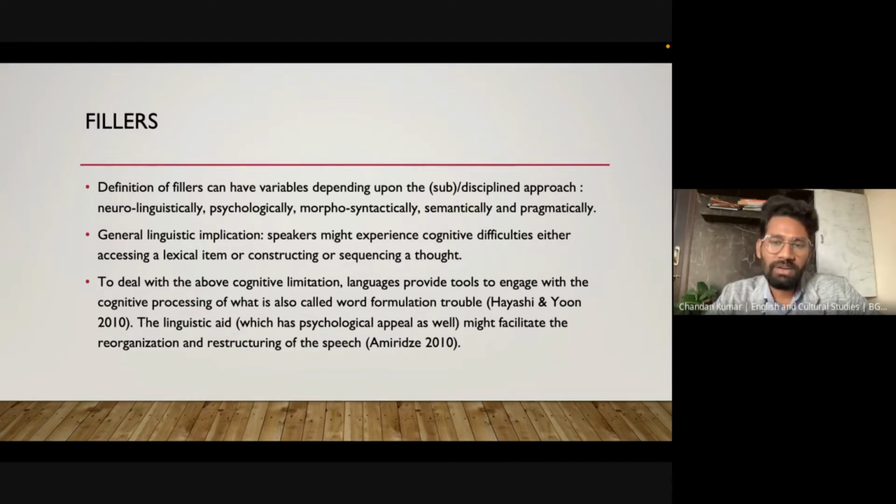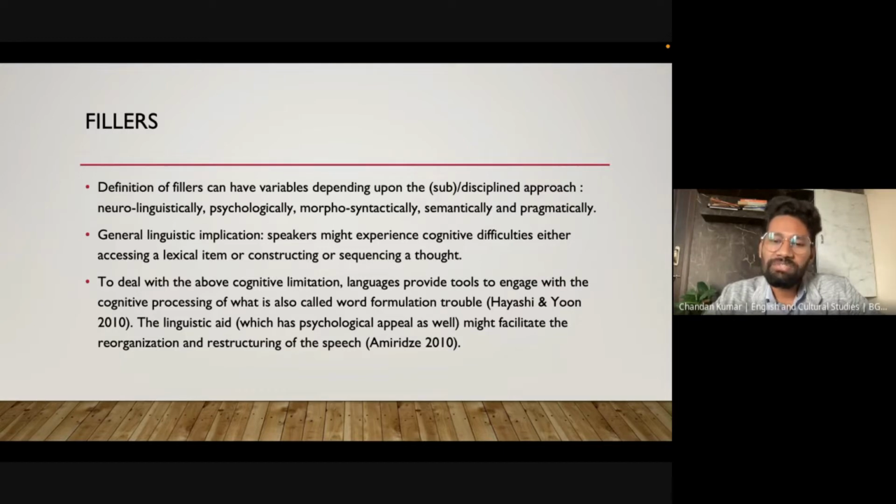However, of course, for this paper, I cannot take account of all the definitions or perspectives. So the general linguistic implication would be that when we speak, we might find cognitive difficulties for various things. For example, when we understand Chomsky's competence and performance, it is said that the performance is not free from the external factors which actually affect the thought, right?